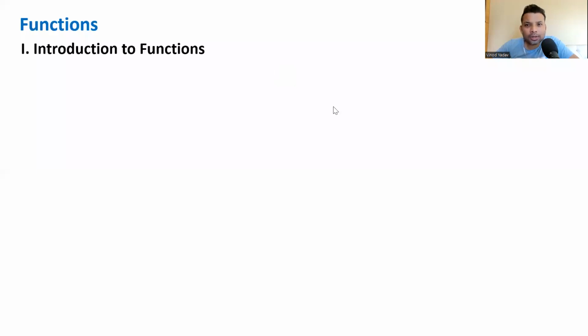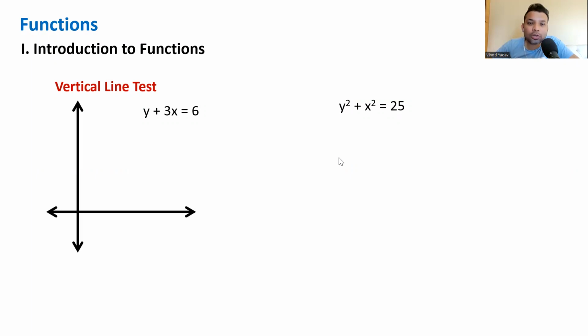You know, graphically also we can understand this. There's something called the vertical line test. If I draw the graph of this first one, that is a linear function, remember? A straight line. Imagine vertical lines. Keep drawing vertical lines mentally and just check whether those vertical lines will cut this blue line at one point only or more than one point.